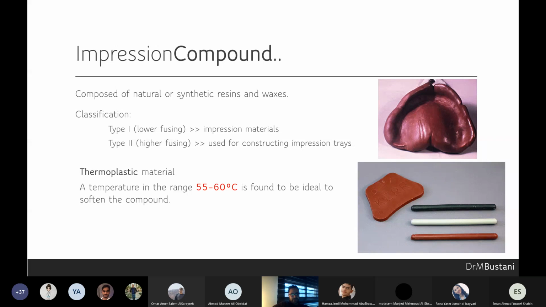Impression compound is a thermoplastic material, so it doesn't react chemically. It's only a physical setting or a physical reaction. The two types are type 1 and type 2. Type 1 is the one that's used for impressions. Type 2 is used to make or construct an impression tray.